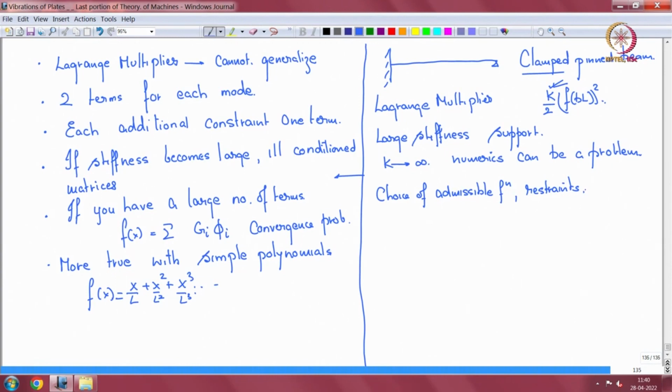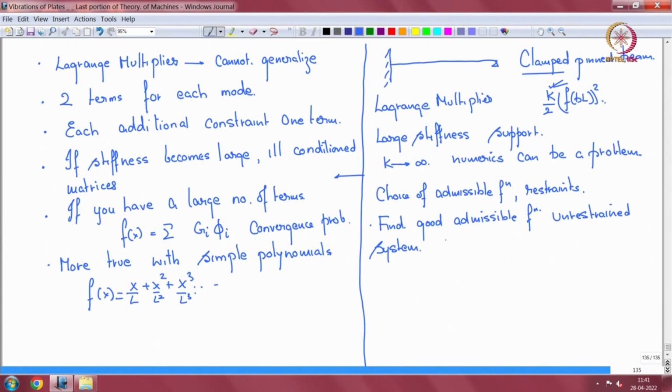A strategy seems to be to find good admissible functions for an unrestrained or unconstrained system. That means for the unconstrained system, these admissible functions are good when you do the numerics.